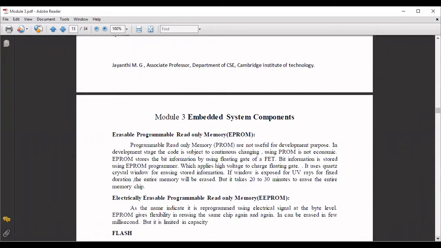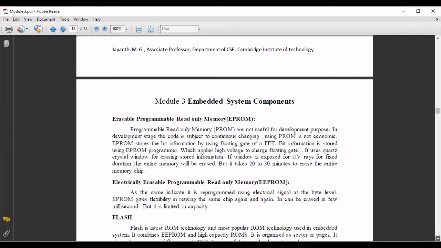It stores bit information using floating gate FETs, and the bit information is stored using an EPROM programmer, which applies high voltage to charge the floating gate. It uses a quartz crystal window for erasing the stored information, so it comes with an erasable option. It is exposed to ultraviolet rays for a fixed duration, and the entire memory will be erased. It takes 20 to 30 minutes to erase the entire memory chip.